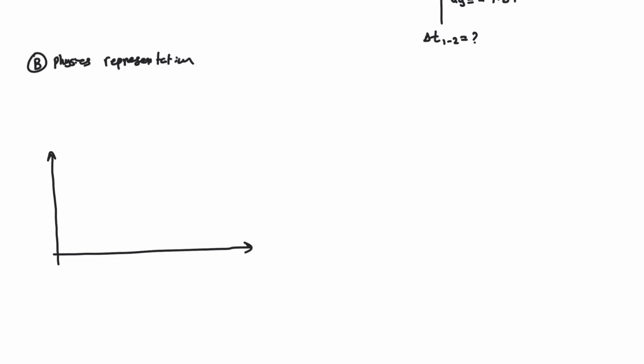Let's now look at a few physics representations. So I'm going to go here and put B, physics representation. And we'll start off by representing this. Actually, I may need to do it this way. X and Y, and we're going to do a motion diagram.